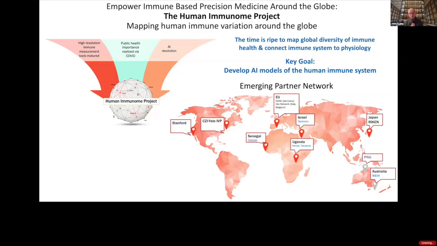So given this motivation, we thought that the time is really ripe to launch this project and look at applying the same approaches in terms of study design, longitudinal tracking, sample collection and processing, and data generation across the globe together. So we now have a partner network of 10 sites, going to be 11.